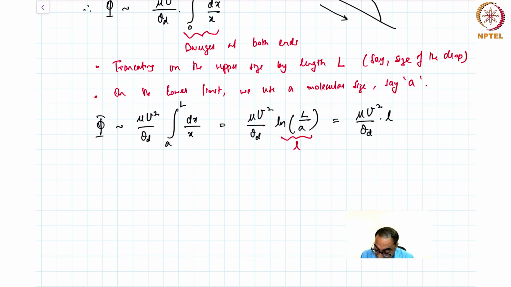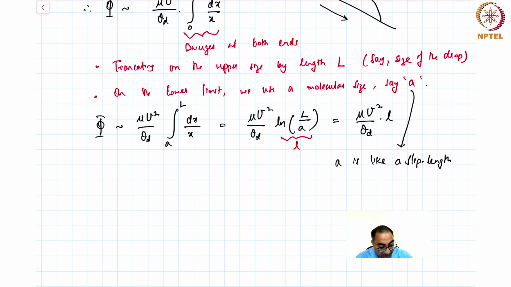So this quantity A that I glossed over, this quantity A is like a slip length. Okay, so A is like a slip length that is present in the problem.